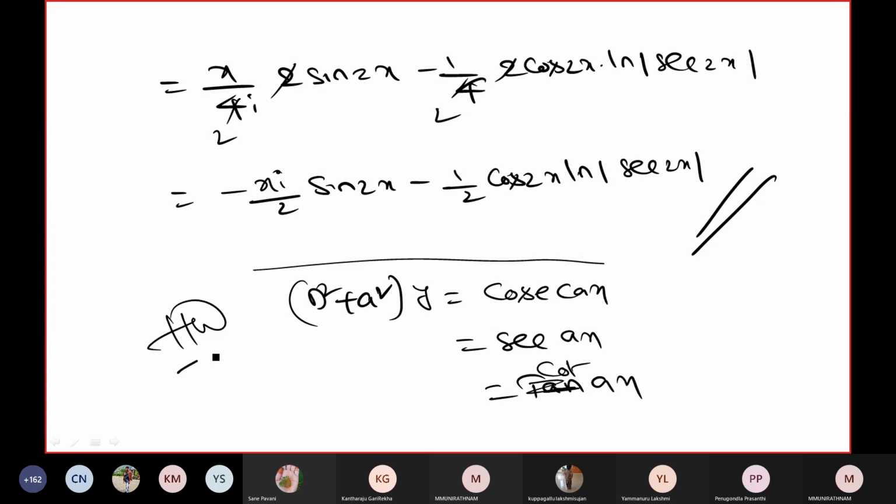Tan we have already done. So these are homework. Similarly, you have to solve. So this is my PI. The general solution is y equal to CF plus PI. Okay? Any doubts, please?